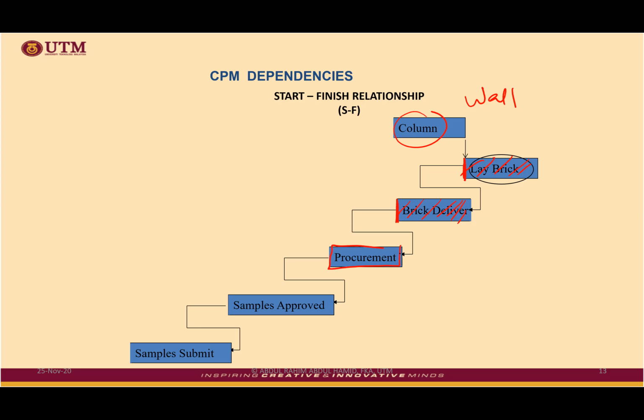Procurement is the purchasing request. You need to do some kind of order first, then only the brick is delivered. Otherwise, you simply cannot. And then the start of procurement, purchasing. Before you start to purchase, you need to have some kind of approval letter from the consultant or the client or the architect.